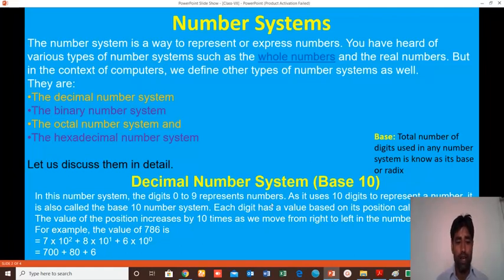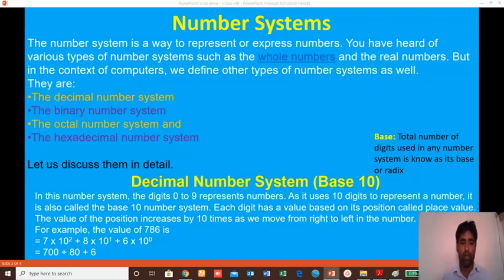So let's take an example. Suppose we have a decimal number 786. Here three digits are used: 7, 8 and 6. Now we will learn how to calculate the actual value of a digit at its place. Every number has two end digits, one at the right side and one at the left side.